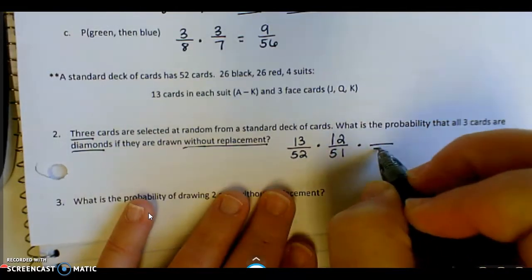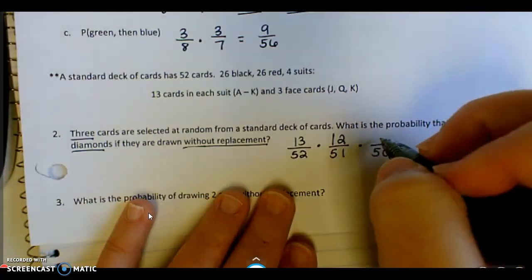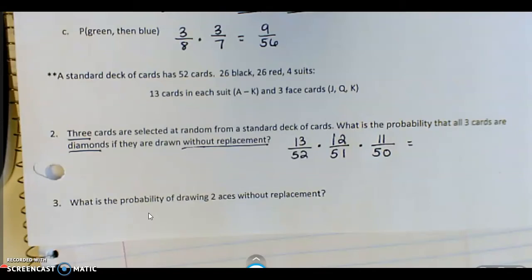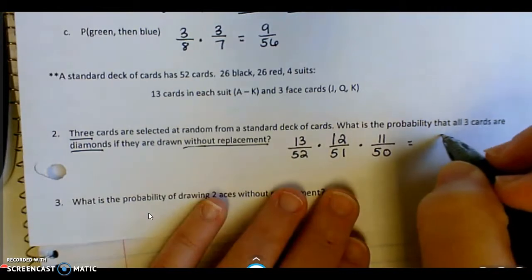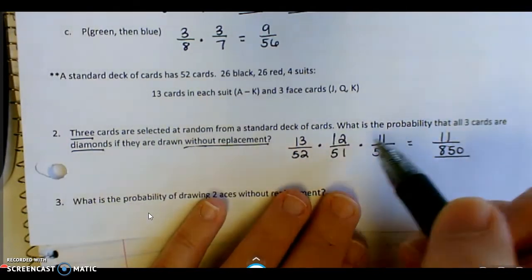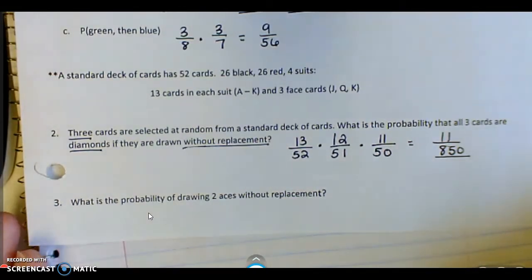All right, and then doing it one more time, there's now 50 to choose from, 11, and then you multiply that. I'm just going to multiply it in the calculator. And my calculator will reduce it for me. It gives me 11 over 850. If you have a different answer because you just multiplied the top and the bottom, that's fine, but that's what you get when you reduce it and multiply.